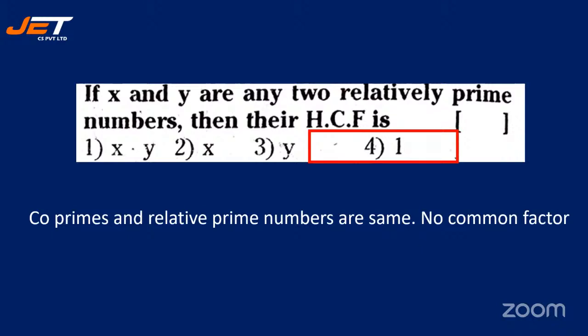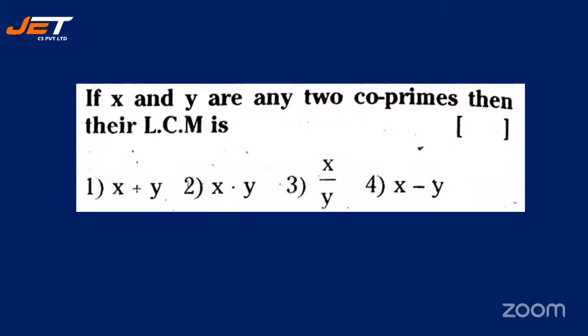Co-primes and relatively prime numbers are the same. No common factor. If x and y are any two co-primes, then their LCM is dash. x plus y, x into y, x by y, x minus y. It is x into y.